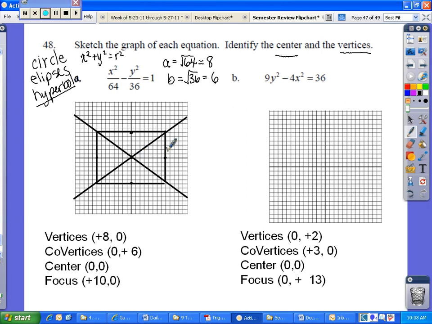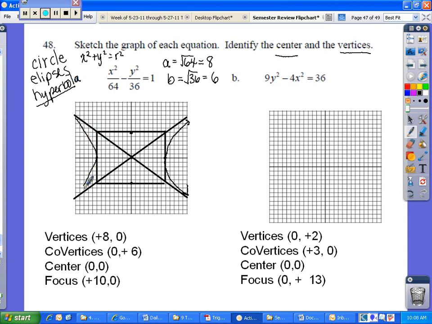Now if you wanted to get some other values, some exact values, you could plug it in, but we know that it's going to be a branch over on this side because again 8 was one of my vertices. My covertices don't contain the branch.